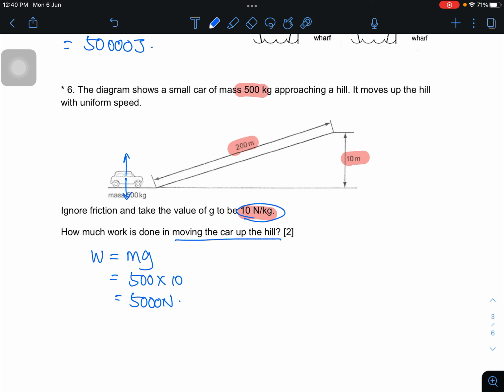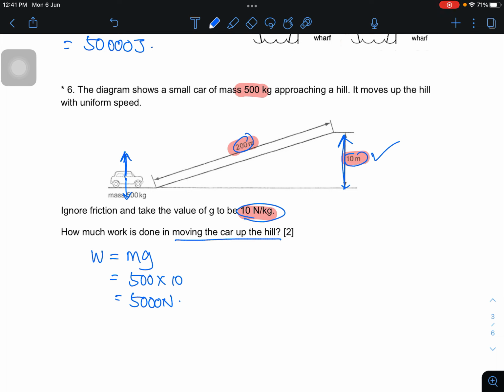The question is asking how much work is done in moving the car up the hill. We already have the weight, 5,000. So do we multiply by 200 meters or 10 meters? This one, because this is the vertical one. The engine will have to apply an upward force of 5,000 Newton.